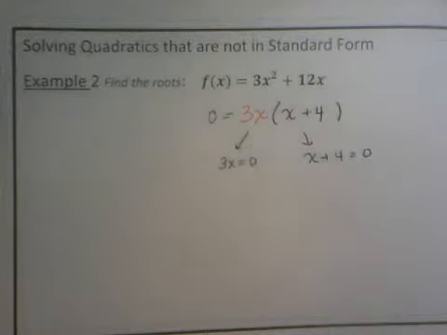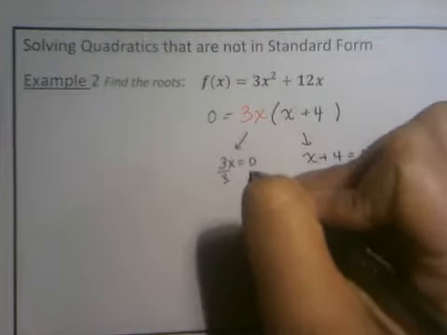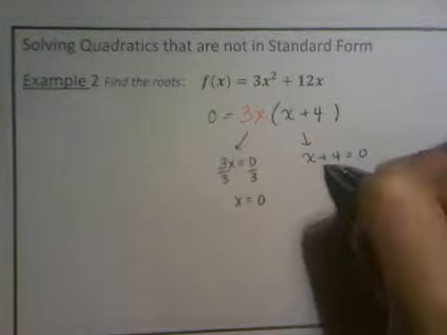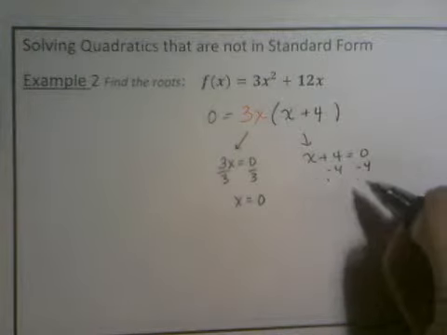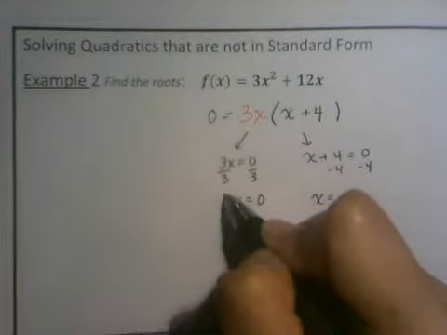And when I solve those 2 equations, I divide by 3 over here, and it tells me that x either equals 0, or subtract 4, x equals negative 4. And those are my 2 solutions.